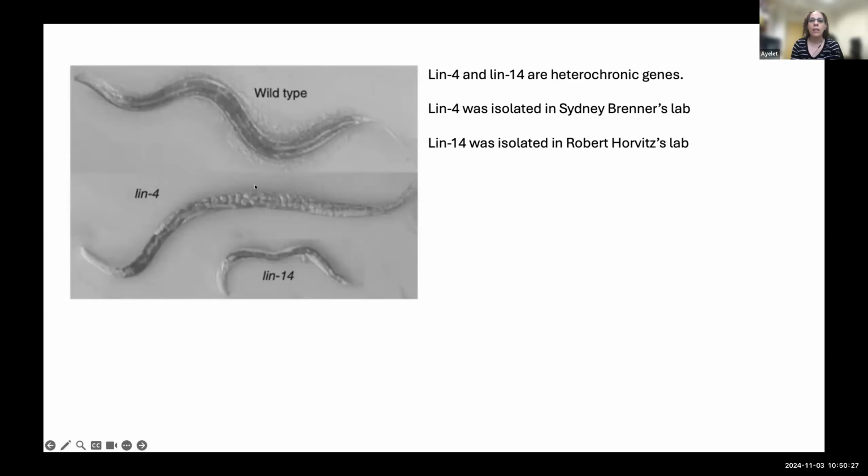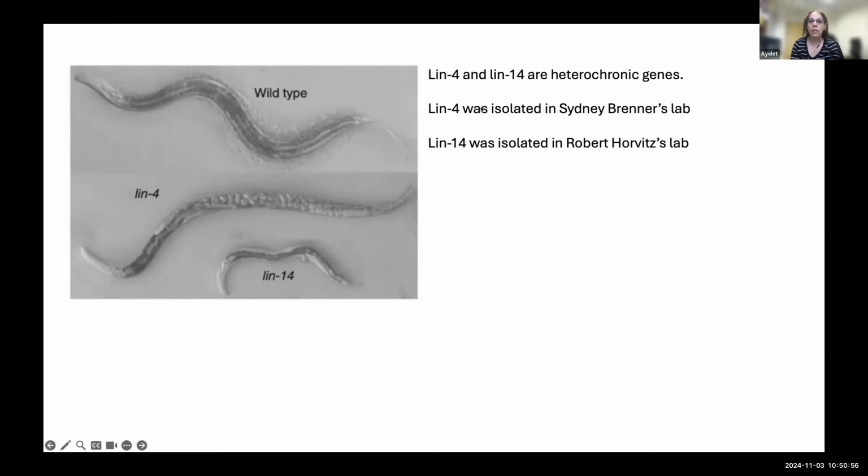And later on, heterochronic genes means that a mutation in these genes causes skipping or retention of some of the developmental stages. So these genes are basically very important for the developmental timing of the worm.